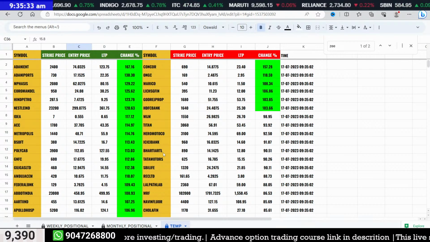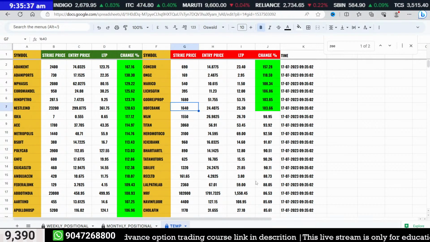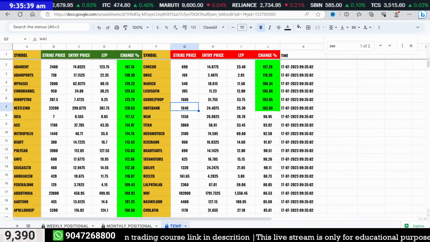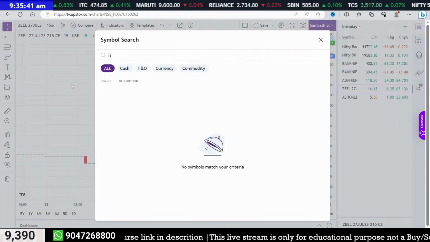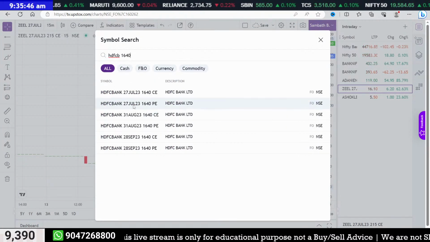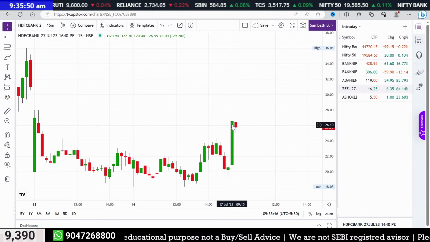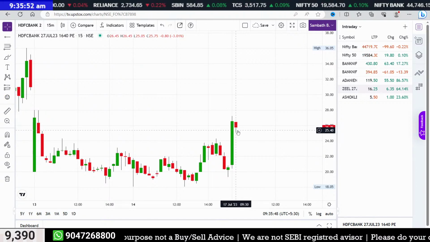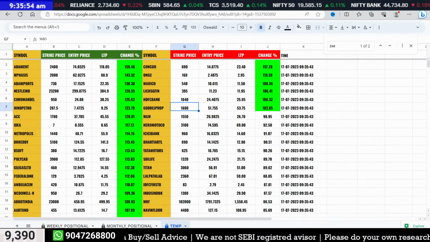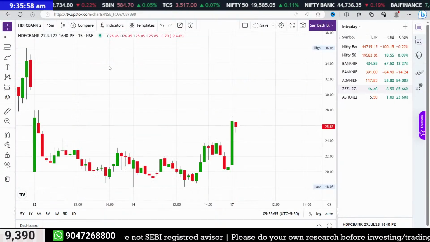HDFC Bank, which also triggered on the bottom put side, 1640, 24.4. Past 15 minutes trigger, Hero Motor Corp 3100.